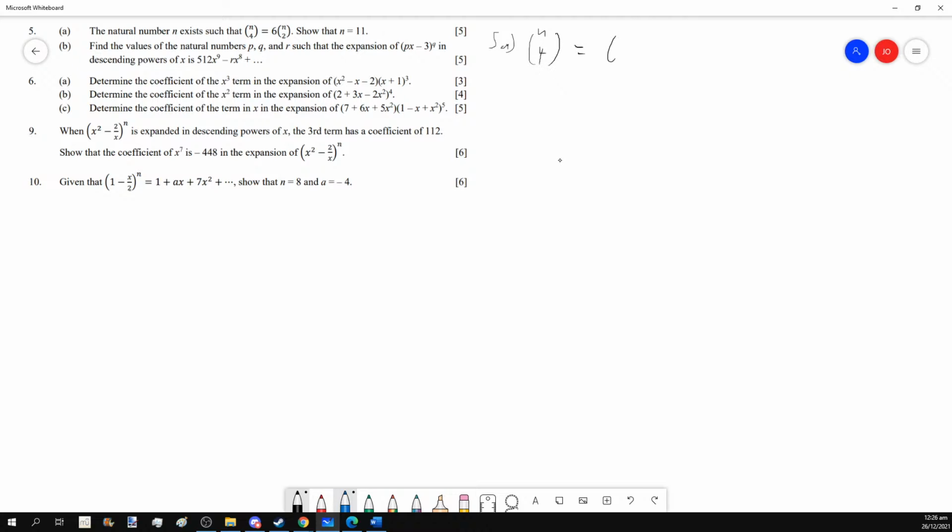So n choose 4 equals 6 times n choose 2. We are going to open up the combinatorics on both sides. Once you do this, it is clear that we can cancel the n factorial, and this will give us the following.